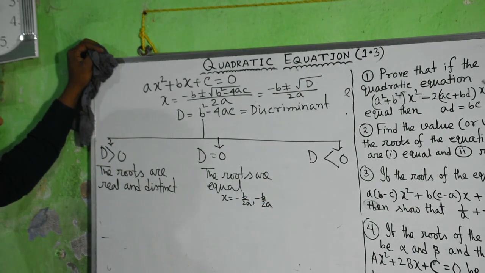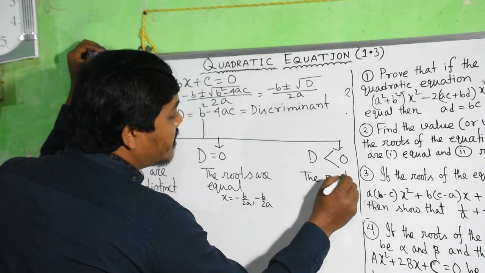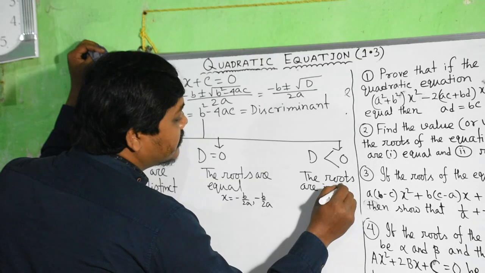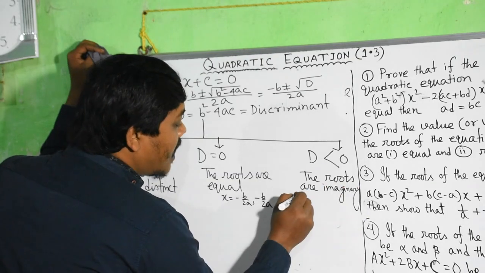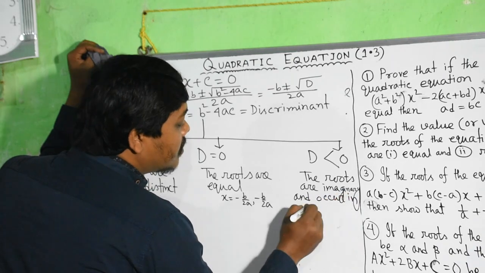And if D is less than 0, the roots are imaginary and occur in conjugate pairs.